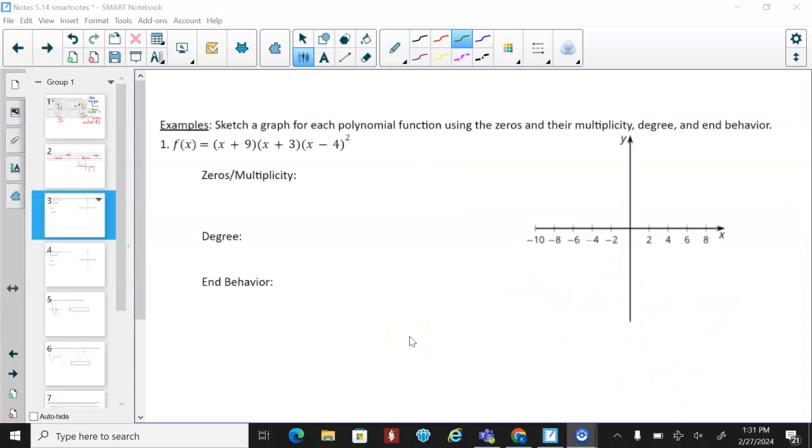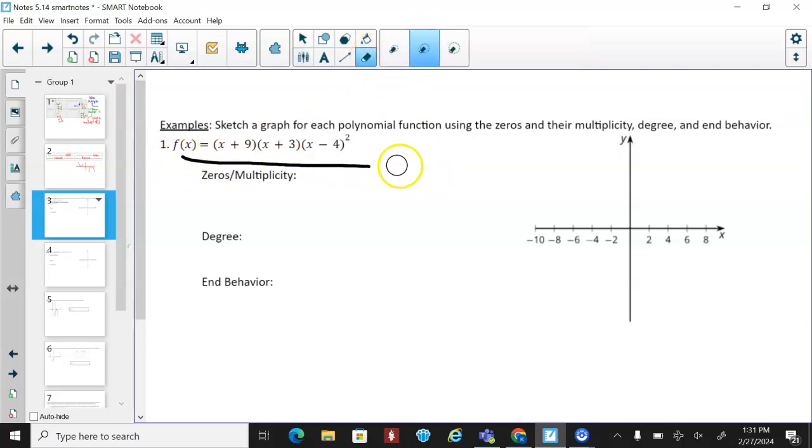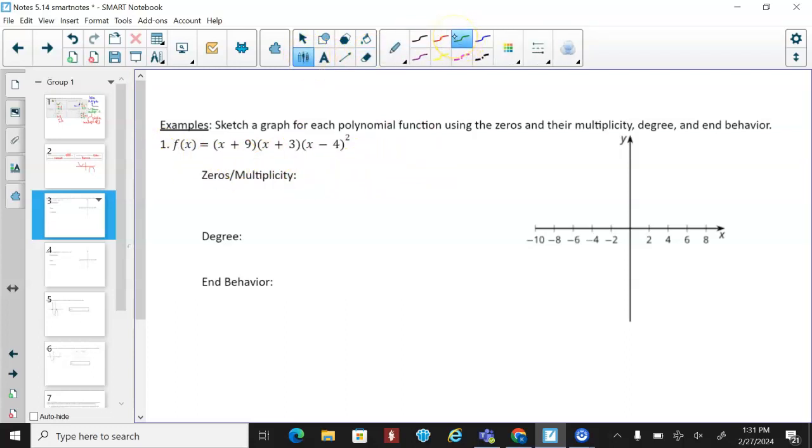All right, so now when we talk about polynomial functions and finding their zeros and multiplicity, they are going to be represented in factored form, like this right here. Okay, we learned factored form when we did quadratics. So if we want to find our zeros, meaning our x-intercepts, we set each of these factors equal to zero, which is going to give us the opposite sign.